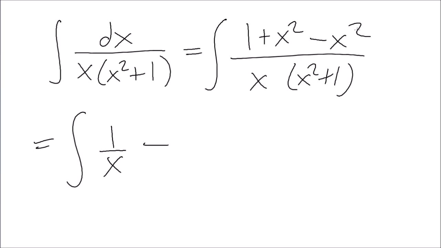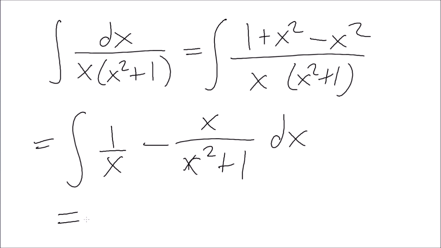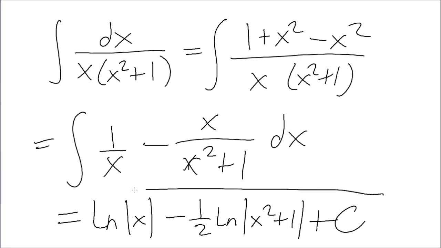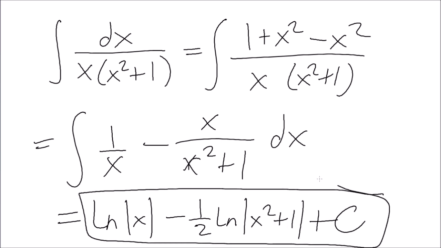Only one of them gets cancelled out, so we actually have x over (x squared plus 1). That's still good, because this is just a basic u substitution. So now we have ln of x minus a half ln (x squared plus 1). And that's it, you're done.